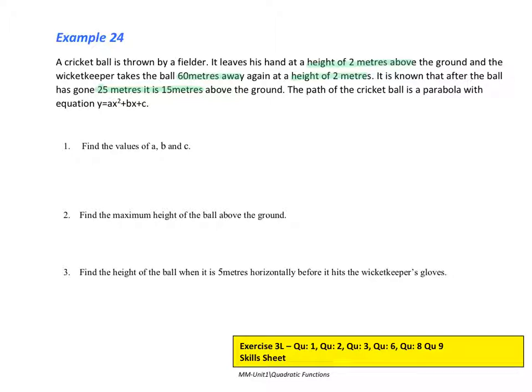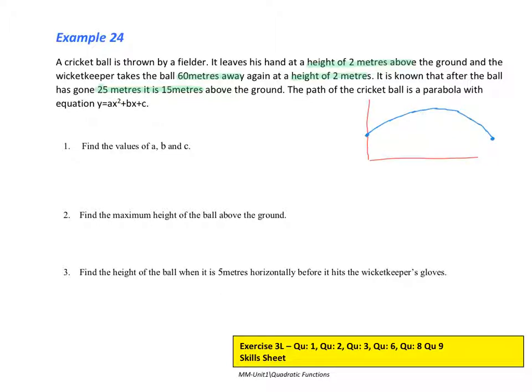Okay, so let's have a quick sketch. In fact, we might change that. So we start 2 metres above the ground. We throw the ball to someone 60 metres away.